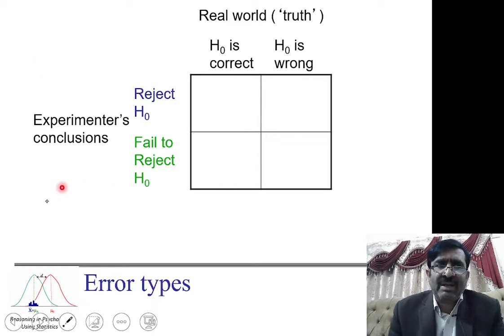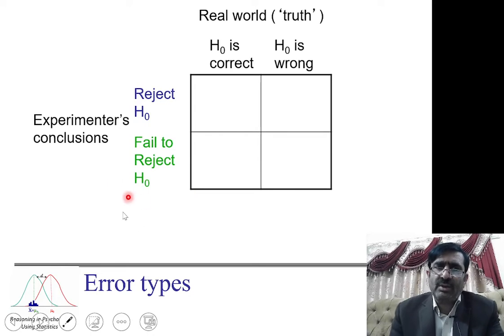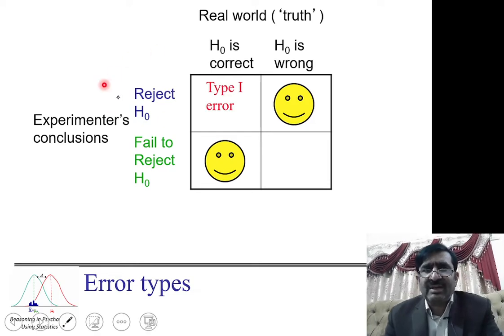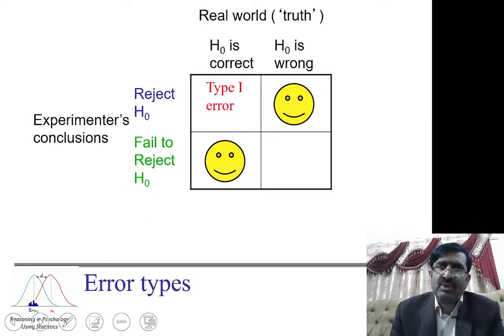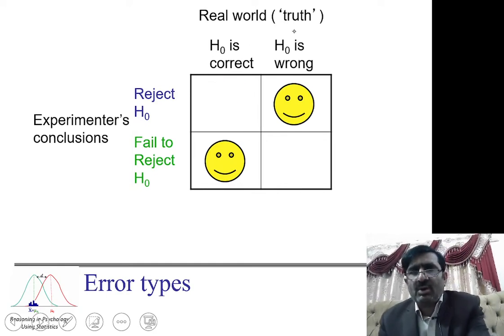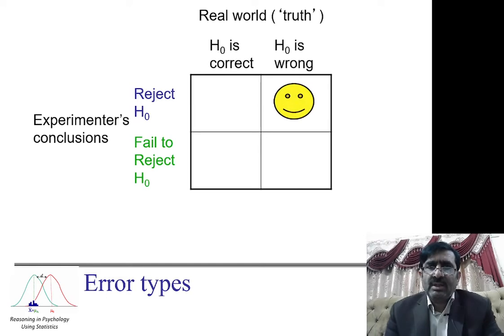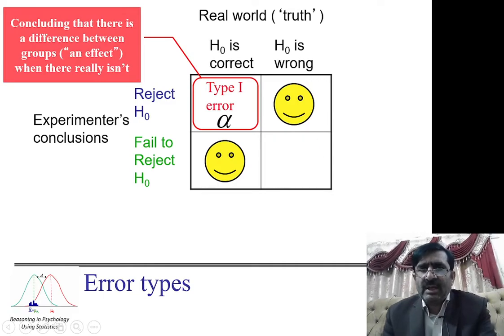In the experiment, instead of a judge, if H naught is correct, then definitely we should fail to reject it because it is correct. If instead we reject it, we get a type 1 error. And if H1 is wrong, then definitely you reject H1 and it is well done. But if instead of rejecting, you fail to reject it, a type 2 error will occur.